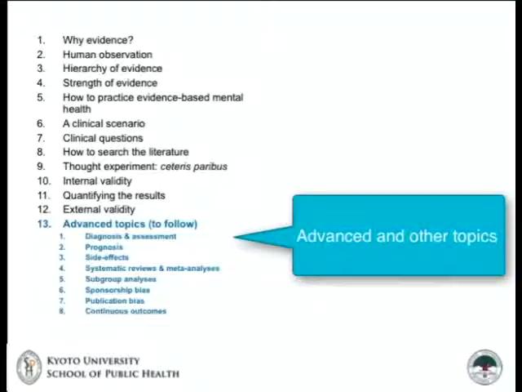Also, on our way to credible evidence, we need to be aware of many pitfalls, most notably among them subgroup analysis, sponsorship bias, publication bias, and so on, that constitute various threats to internal and external validity of the evidence.